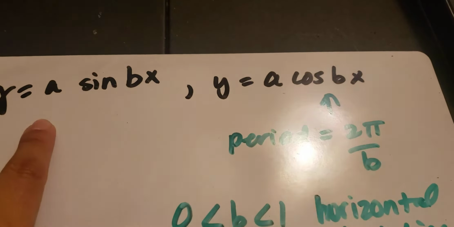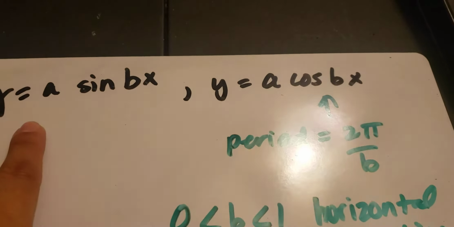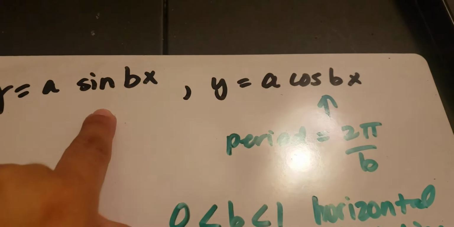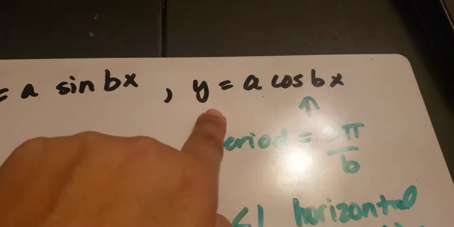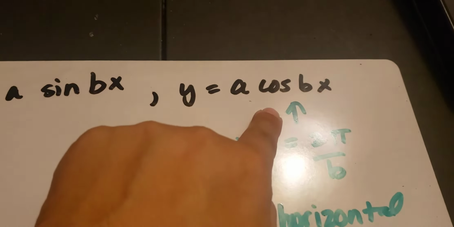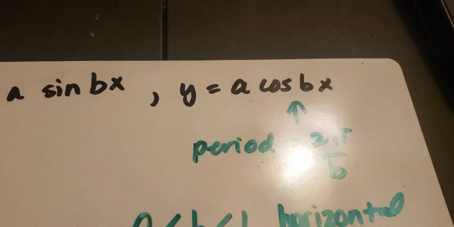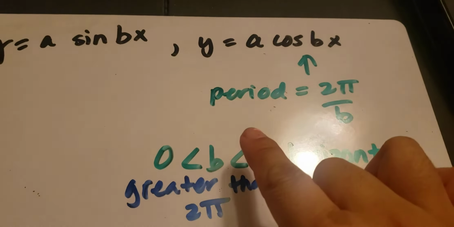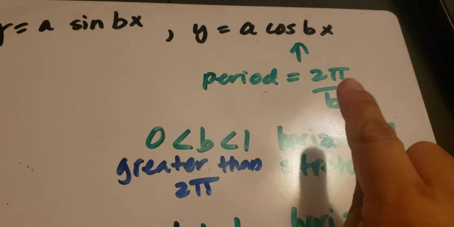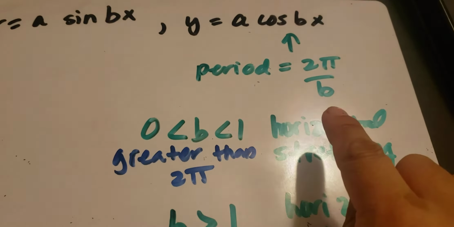So you're going to have one of two functions, either y equals a sine of b times x, and y equals a times cosine of b times x. Okay. And your b is now going to help you find your period, because the way you find your period is you take 2 pi divided by b.